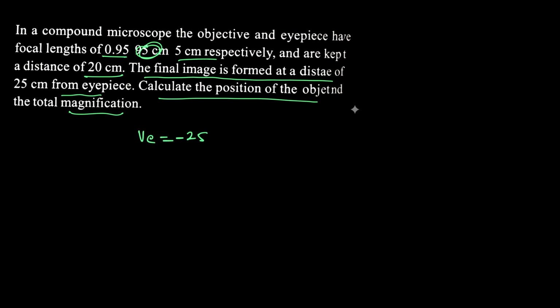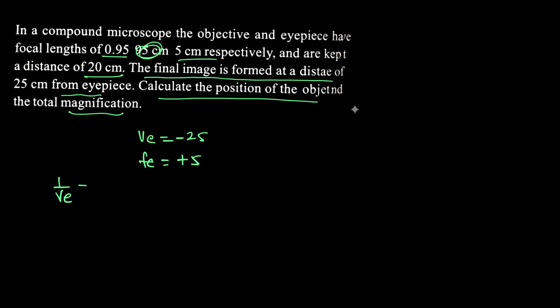In a compound microscope, the objective and eyepiece are kept at a distance of 20 centimeter, and the final image is formed at a distance of 25 centimeter from there. Calculate the position of the object and the total magnification. So they are saying that VE is equal to minus 25 and FE is equal to plus 5. Now I have to calculate UE.